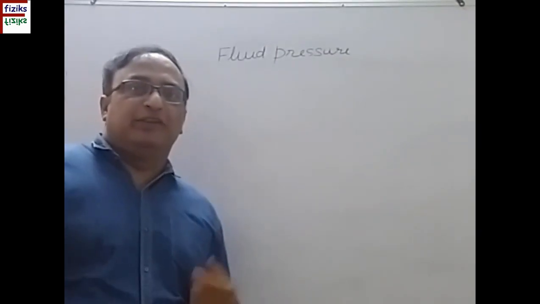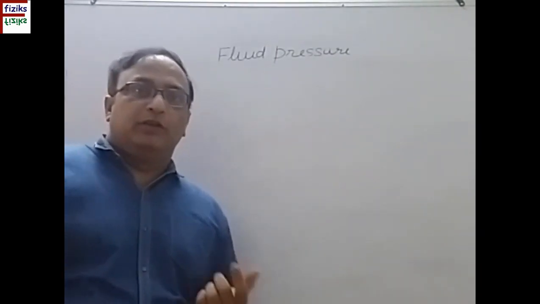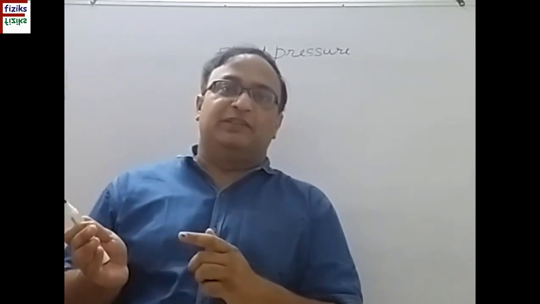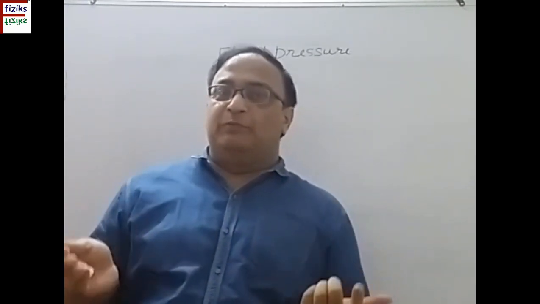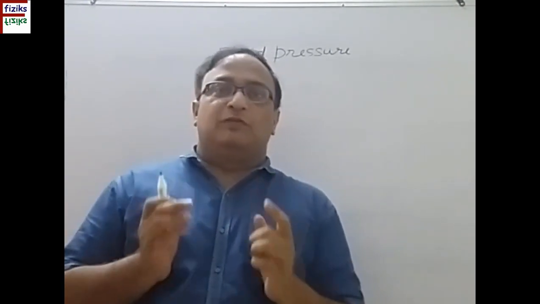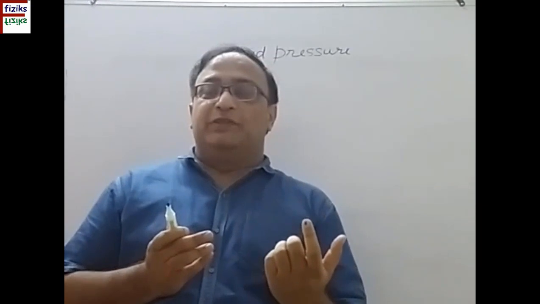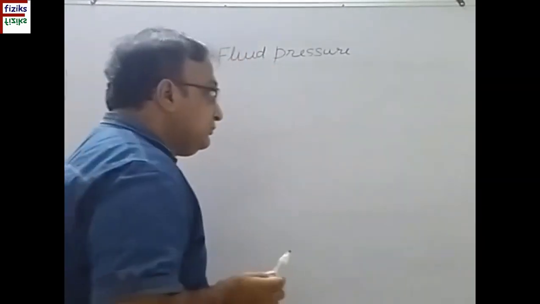So now we are going to discuss the topic of fluid pressure. We know that fluids exert pressure on all the surfaces of the container in which they are contained, and we have to measure that pressure. First of all, let us study how the pressure varies with the vertical distance, that is the depth.